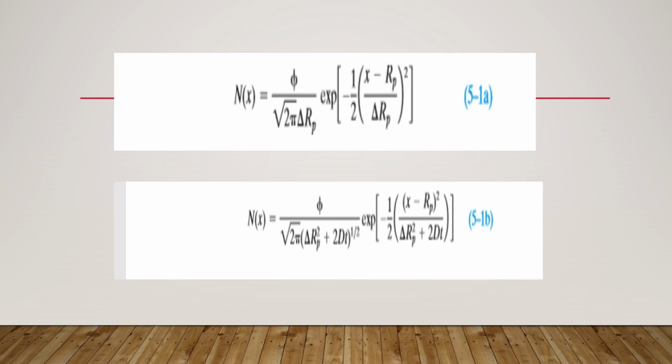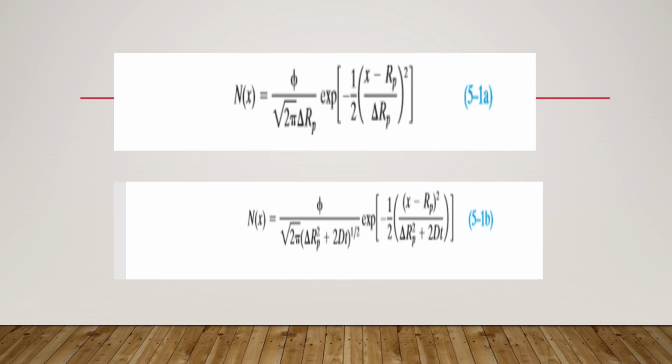Annealing leads to some unintended diffusion of implanted species. We don't want this diffusion, but still it happens. So it is desirable to minimize this diffusion by optimizing annealing time and temperature. Now, the profile which was obtained before annealing is shown in the upper equation, and after annealing it is shown in the lower equation.